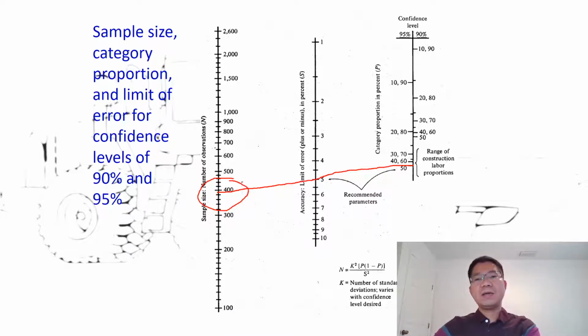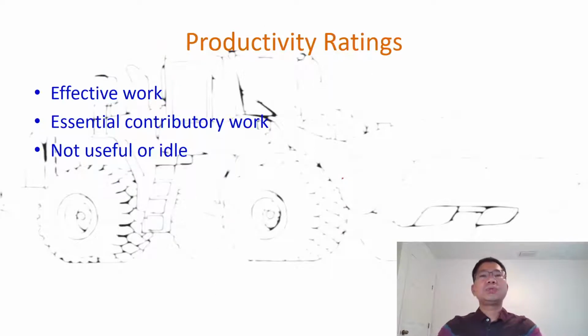So with that, we go to productivity rating. For productivity rating, for any given work, any person, any crew member on the work, we can classify by one of three: whether he or she does the effective work, whether he or she does the essential contributory work, or not useful work, or idle, in this case non-productive.